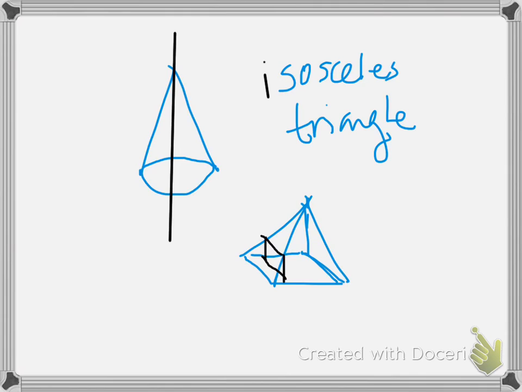But the thing is, what I just drew makes it look kind of like a rectangle, right? But are these back and front faces of the pyramid, are they perpendicular to the base? No, they are not. So we have a four-sided figure that's got one pair of parallel sides.